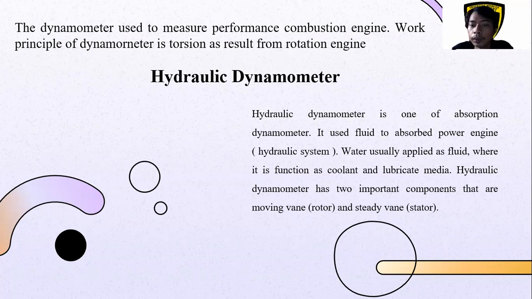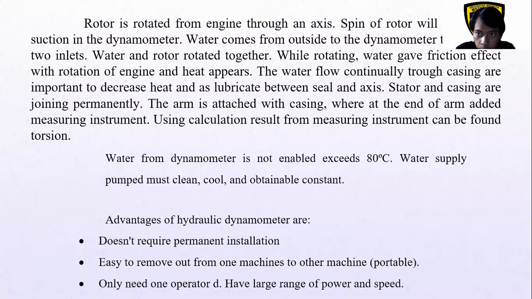Hydraulic dynamometer has two important components: the moving vane, which is the rotor, and the steady vane, which is the stator. The rotor is rotated from the engine through the torque and axis. Spin of the rotor will give a suction effect in the dynamometer.